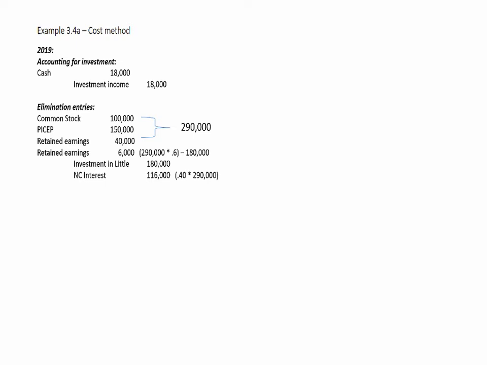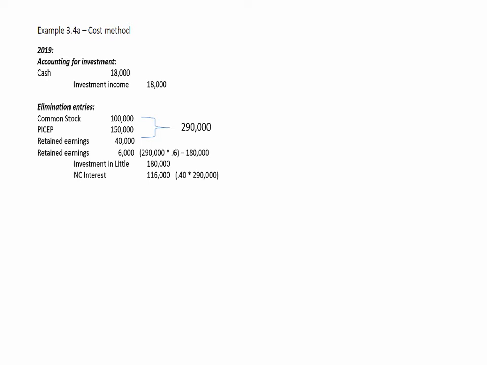And again, there are a couple of ways we could do this. One, we could just say, well, gee, this doesn't balance. The plug figure must be a debit or credit as appropriate to retained earnings. If you wanted to be a little more systematic about it, you'd say, look, in 2018, under the cost method, Big reported an investment income of $30,000.